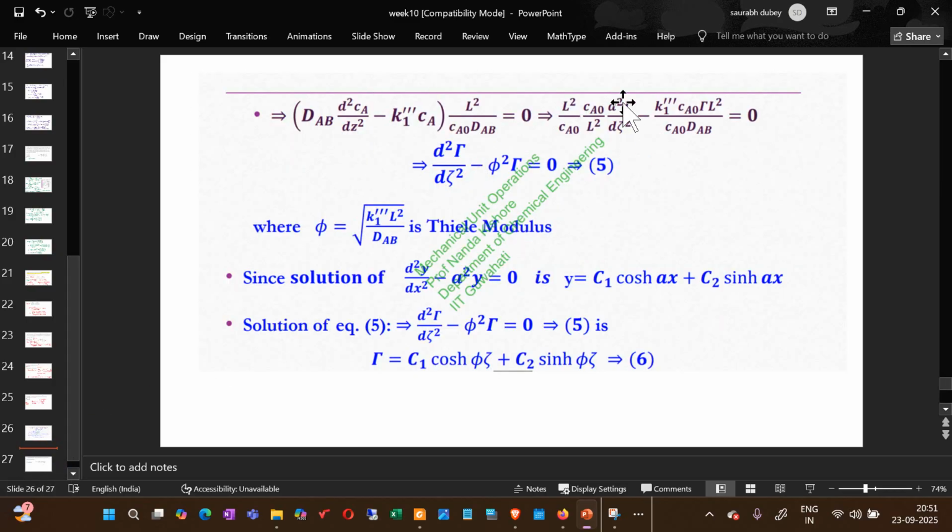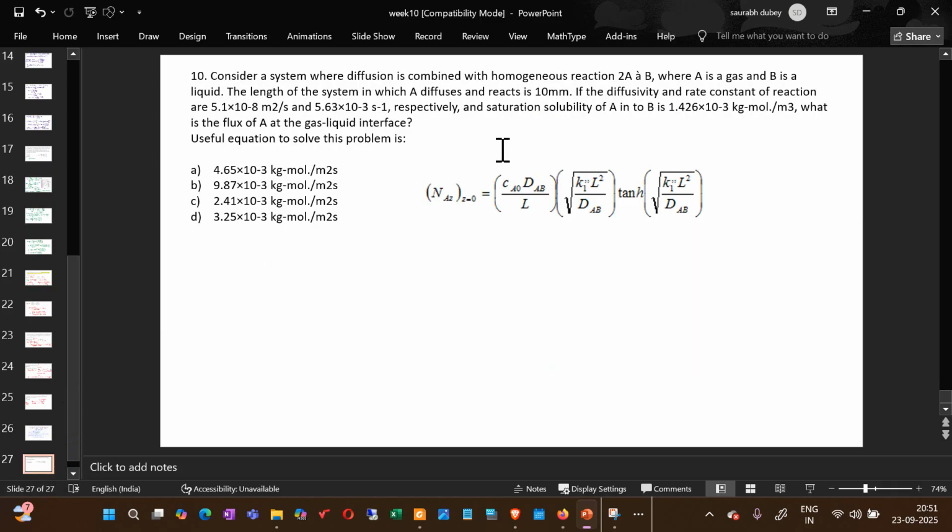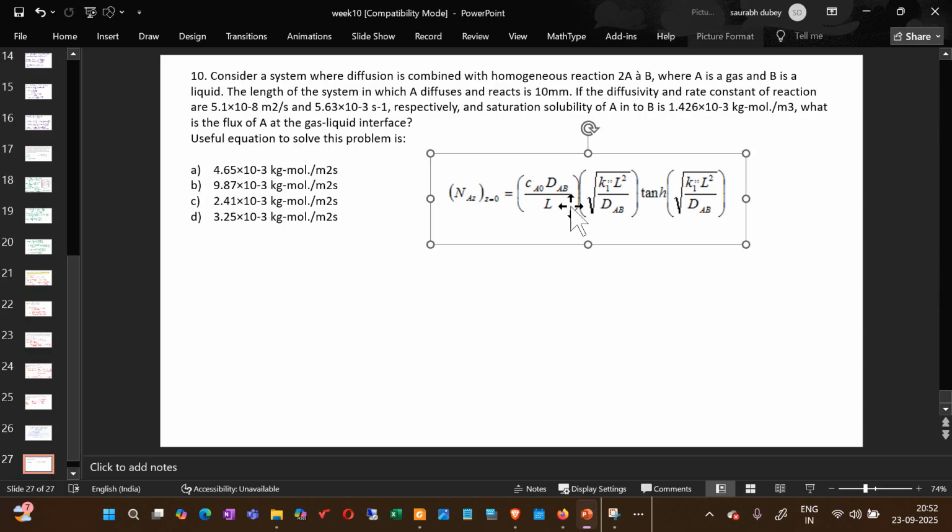So you see, this was the expression that comes up, and then when you collect the constants, this phi comes out to be like this, which is a similar constant. Okay, now let's solve the next question, which is a unique one related to this Thiele modulus.